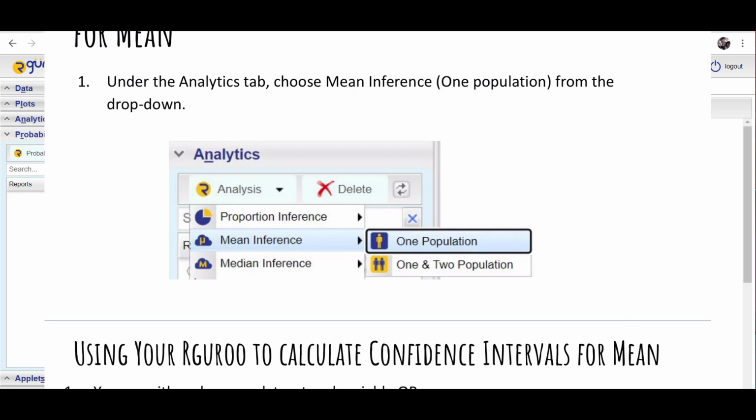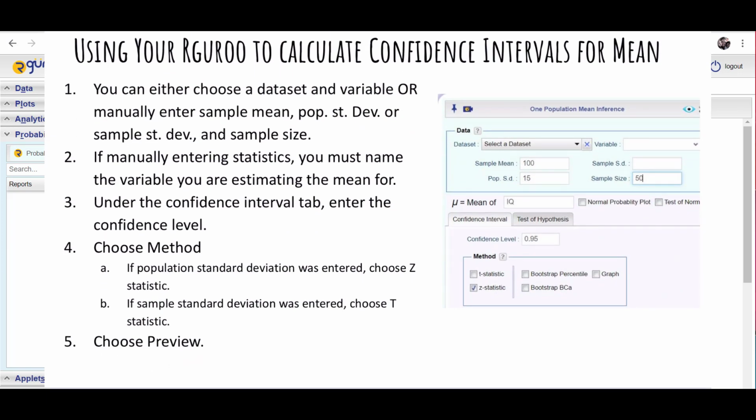And then a side menu pops up. It'll say 1 population or 1 and 2 population. You're going to click 1 population. Once you do that, this box will pop up. Now, if you have data in a data set that you're trying to do a confidence interval for, you can just click on this drop down and choose your data set.